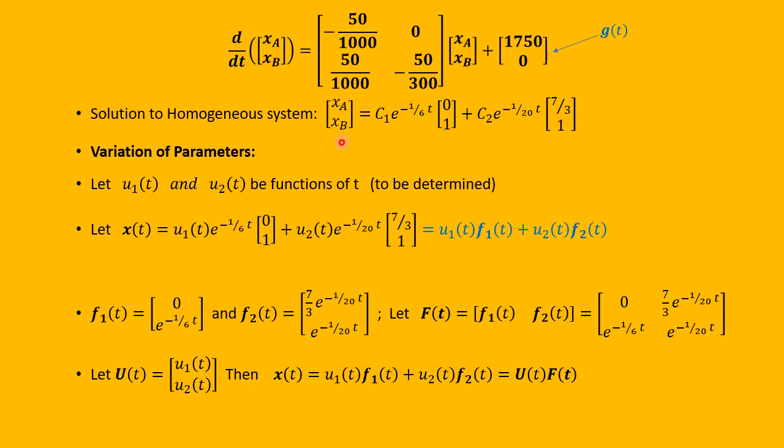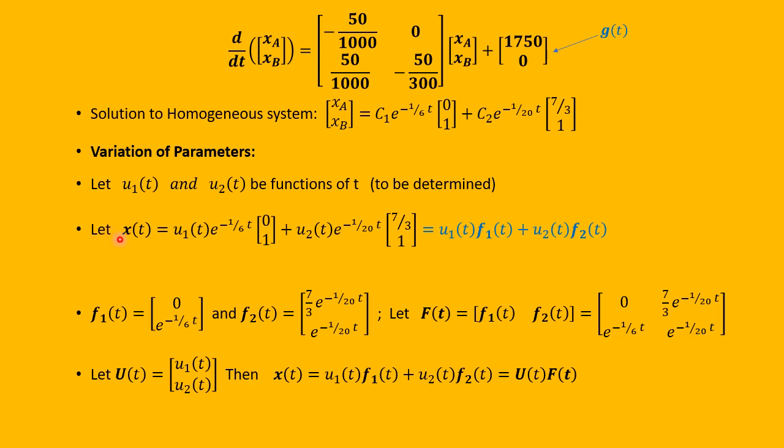Here it is. So in variation of parameters, we will substitute into this u1 of t for c1, u2 of t for c2. We're going to replace those arbitrary constants with unknown functions of t.